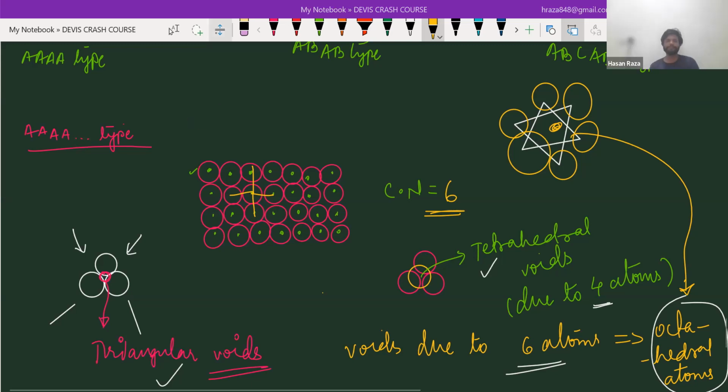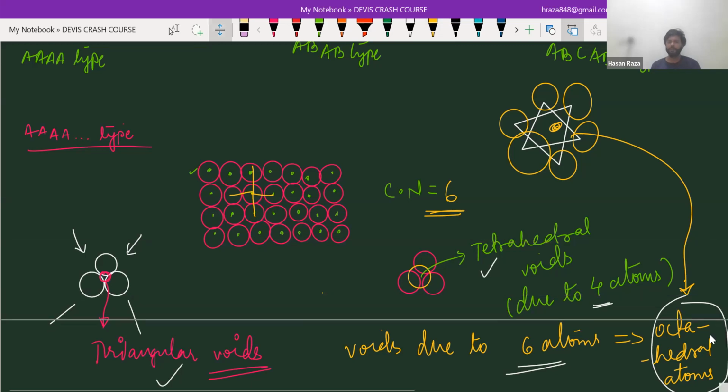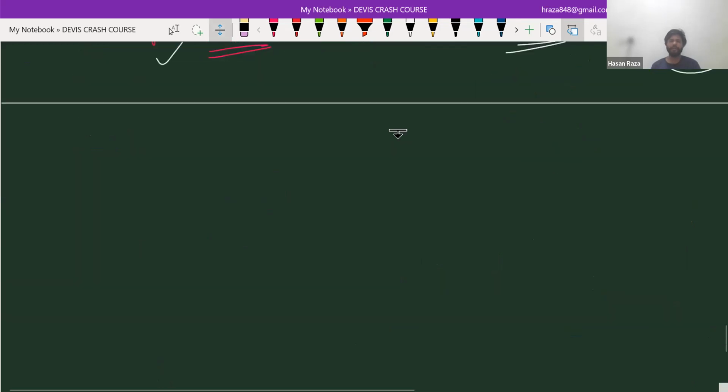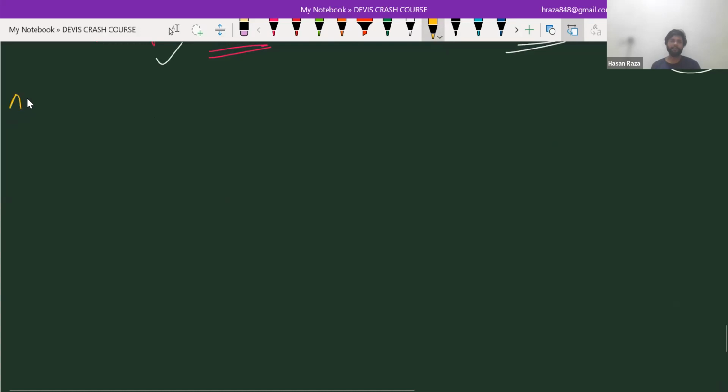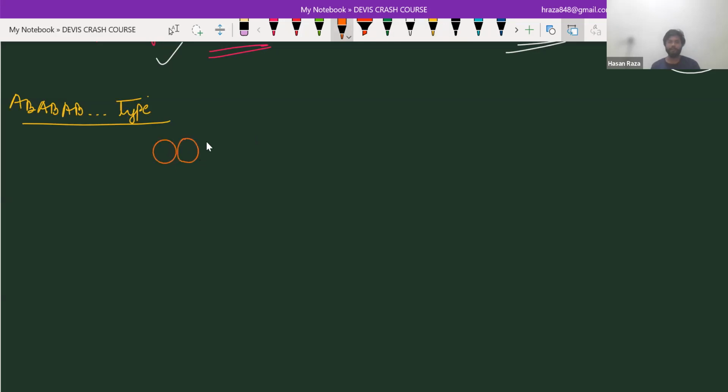Now see, we have another type of packing, that is ABAB type, which I already told you is like the 2D hexagonal packing. First of all, I'm going to write it like this: 1, 2, 3, 4, 5, 6.